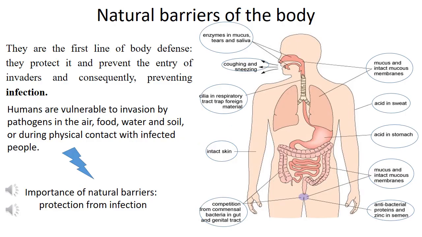Before we go deeply into the non-specific immune response, let's first see what are the natural barriers of the body. These natural barriers are the first line of body defense. They protect it, and they prevent the entry of invaders, and consequently, they prevent infection. Humans are vulnerable to invasion by pathogens in the air, food, water, soil, and also during physical contact with infected people.